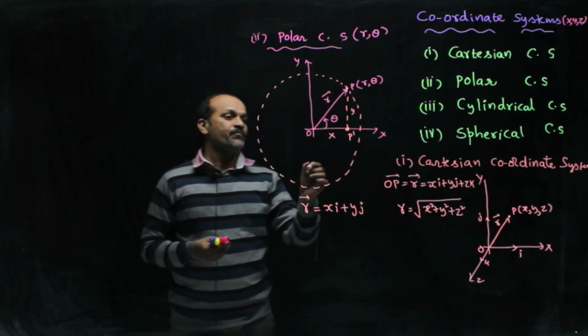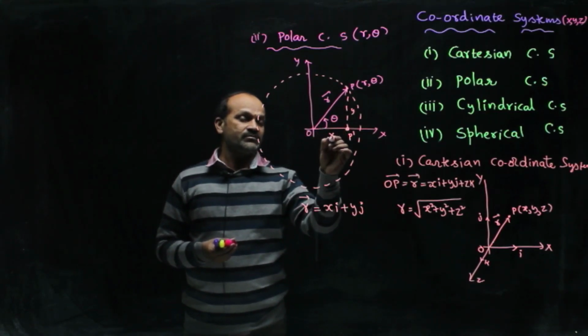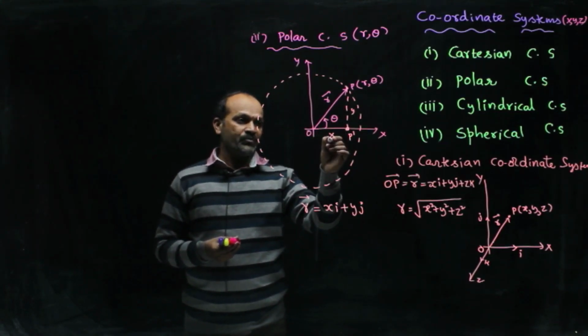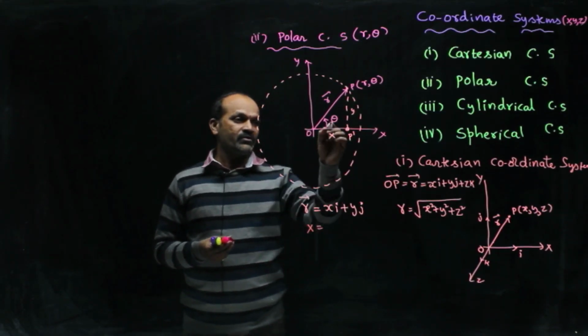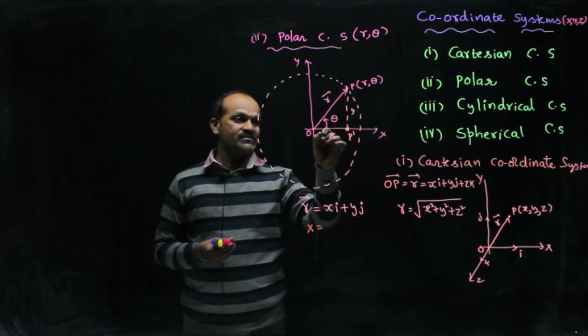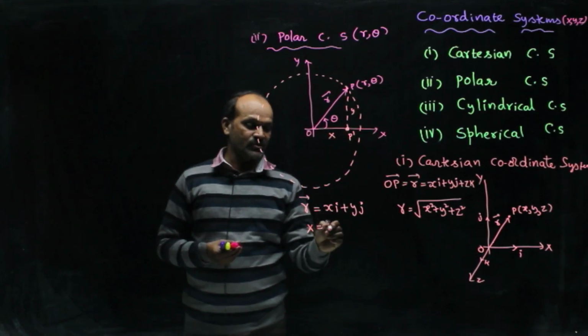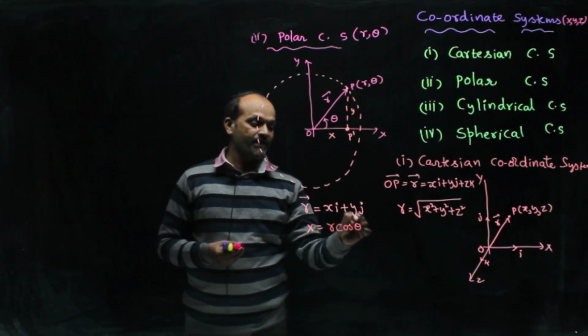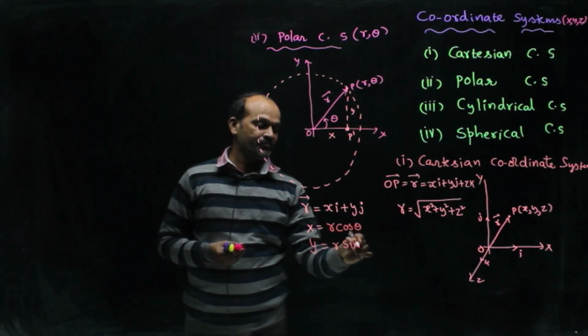See here, whenever you consider theta, what is x here? This is the adjacent side, so you have to take cos theta. x is equal to r cos theta. Similarly, y is equal to r sin theta.